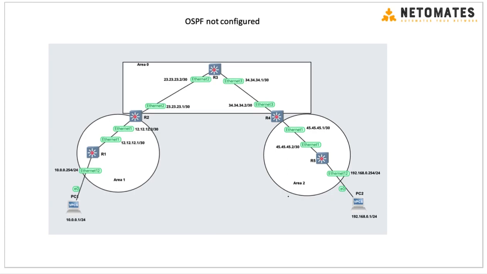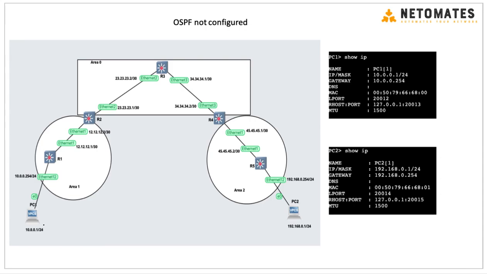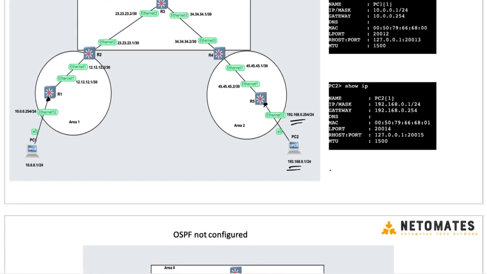So let's see what the routing status is when we don't configure OSPF and have just the interface configurations. In this topology, PC1 has 10.0.0.1 with gateway 10.0.0.254, and same for PC2, which has its gateway at R5, 192.168.0.254.